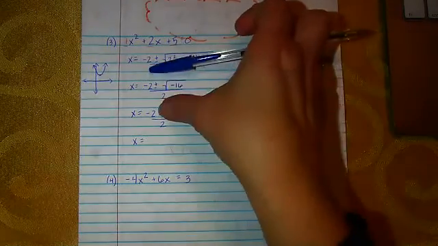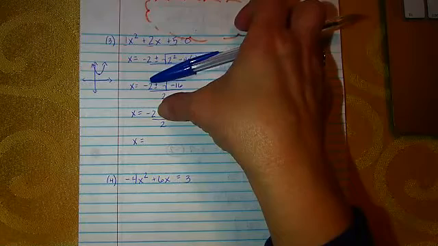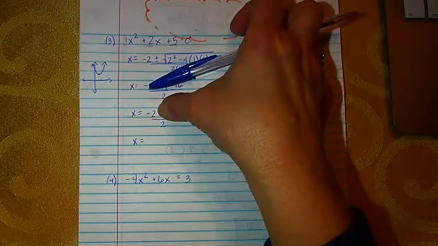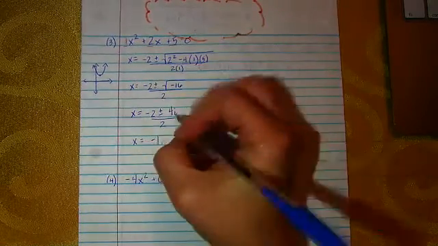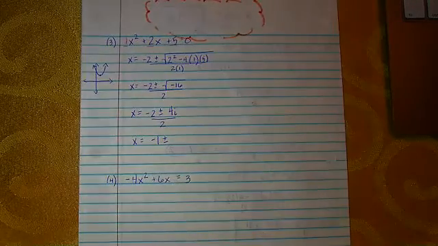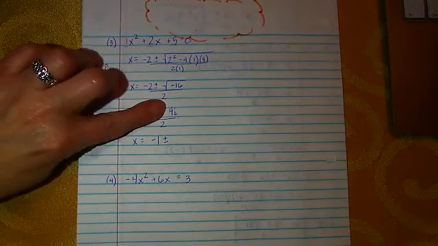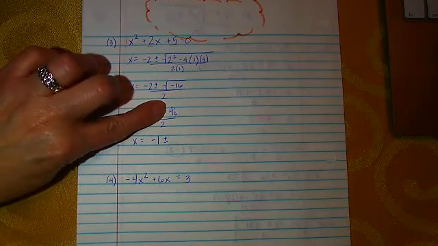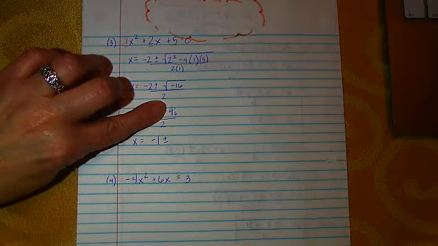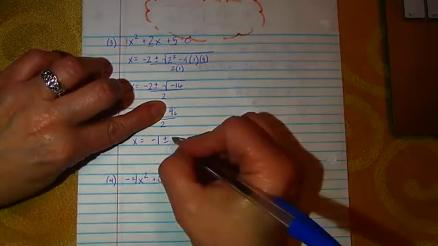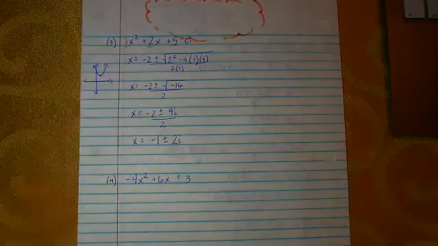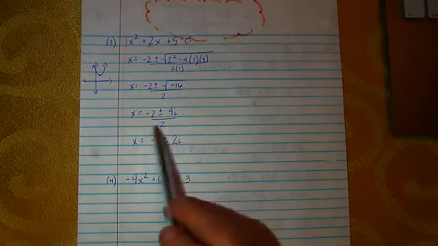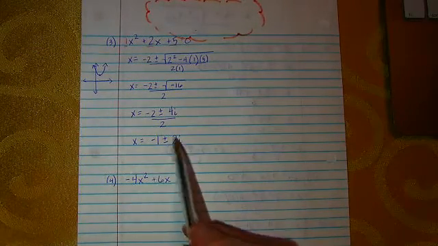If I have -2 divided by 2, that would just give me -1. Then I have a plus or minus. And if I look at this part, 4 divided by 2 is 2, and then I still have the i. So this would be what we say is our simplified answer.